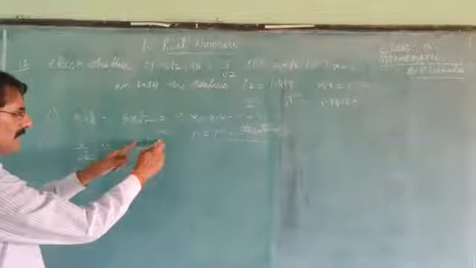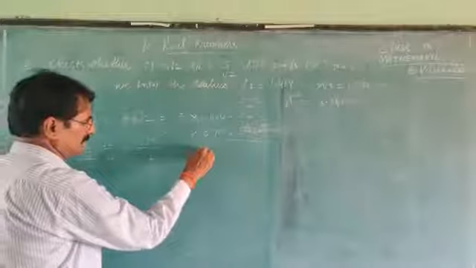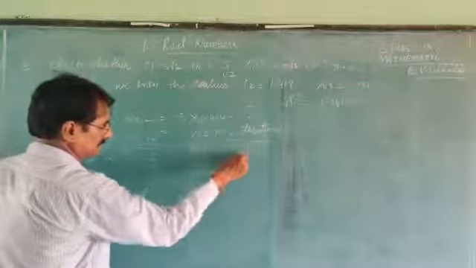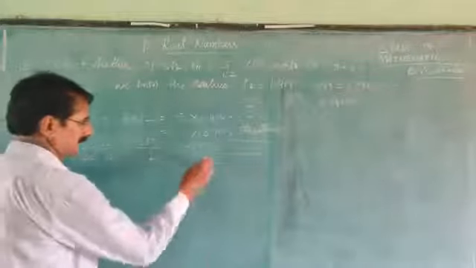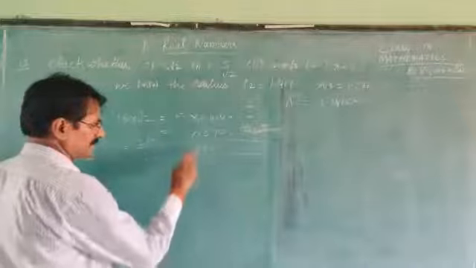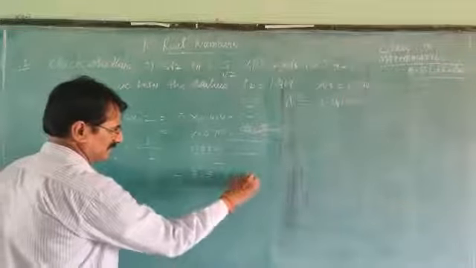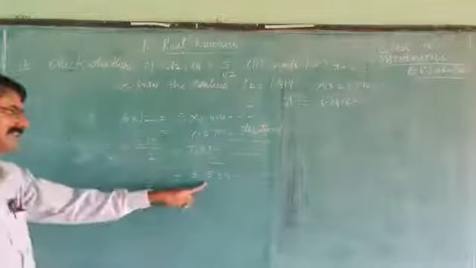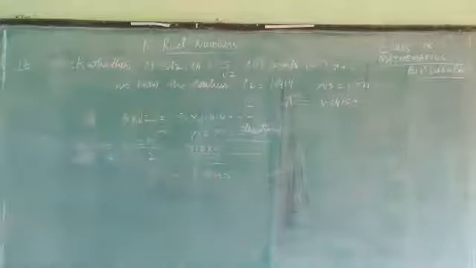Already we got the value of 5 root 2, which is 7.070 and so on, divided by 2. After division we get 3.535 and so on. It is also an irrational. Which number is this one? Irrational.